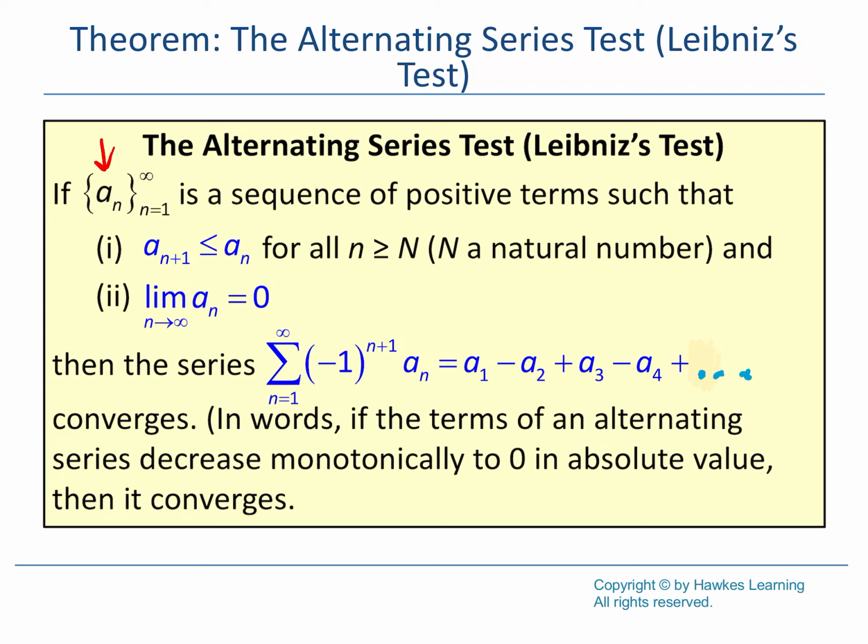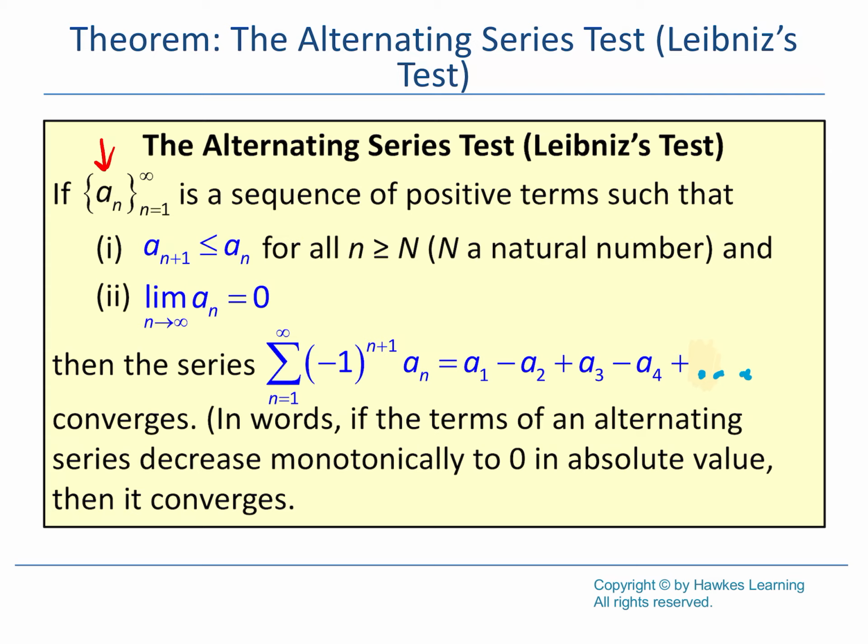So for this first part, we are looking at just the series terms, without the negative 1 clouding things up. But what this test does is it tells us that the alternating series converges, and that does have the powers of negative 1 in there to give the alternating signs. And so yes, in short, if the terms of an alternating series decrease monotonically to 0 in absolute value, then it converges.